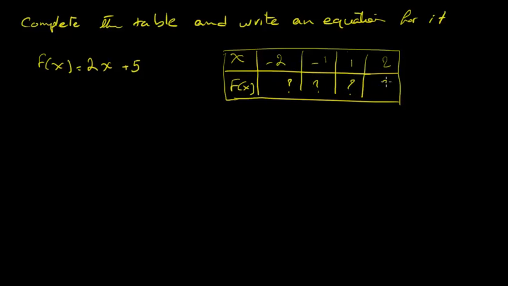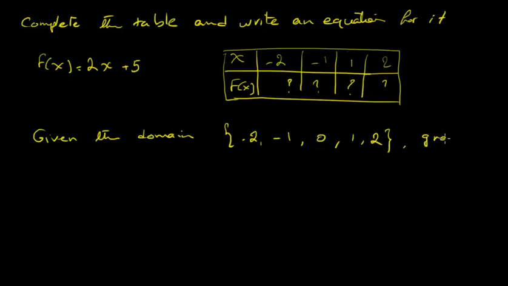So, given the domain -2, -1, 0, 1, and 2, graph 3x plus y equals 6.